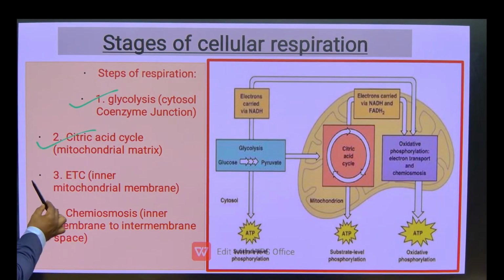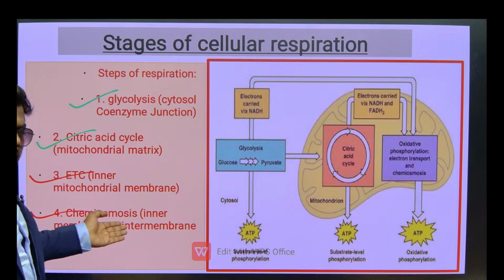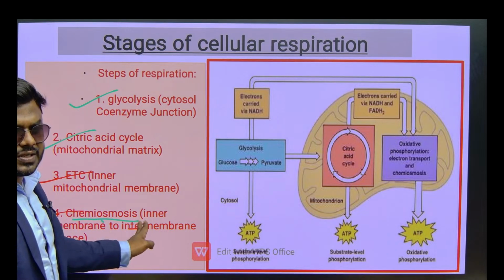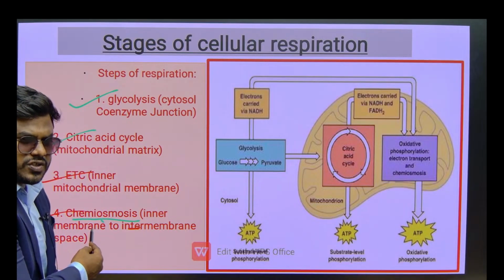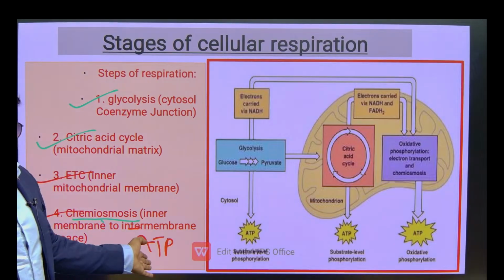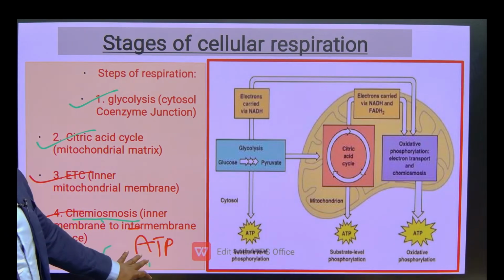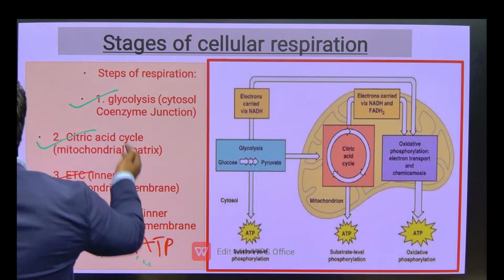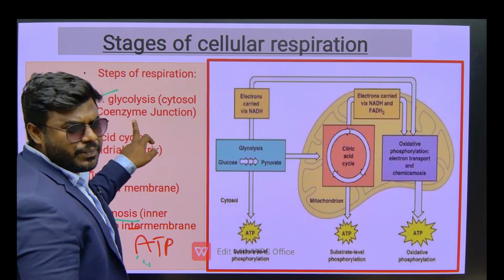Glycolysis, citric acid cycle, electron transport chain, and oxidative phosphorylation or chemiosmosis. We read the same chemiosmosis in photosynthesis, which is required to synthesize ATP. Same here also. So directly they will raise questions in the exam about where all these processes are happening.